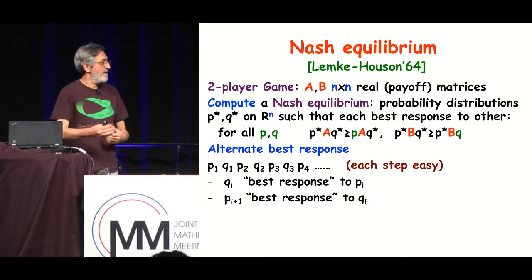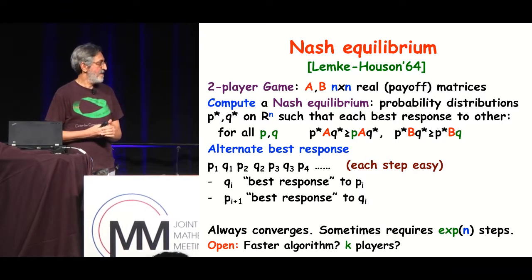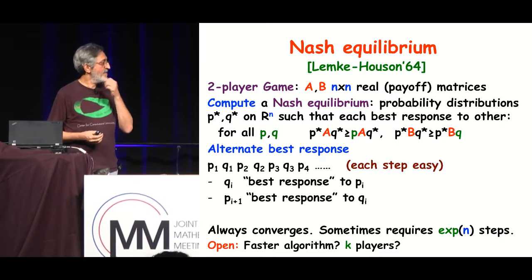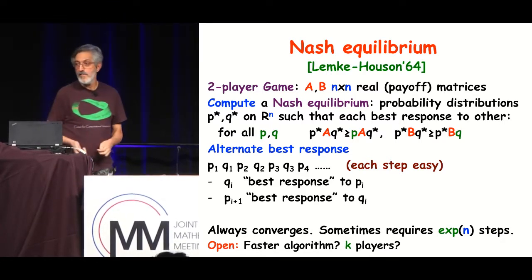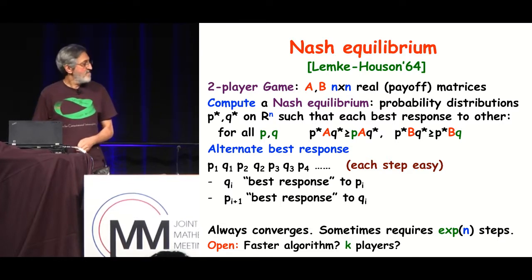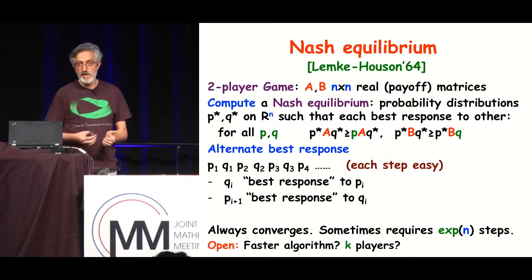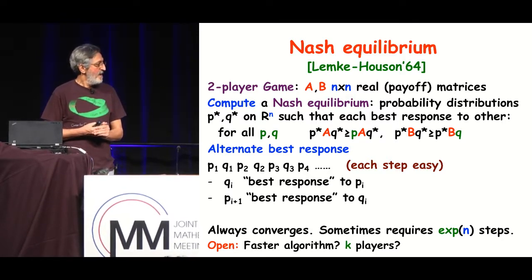It starts arbitrarily and repeats best response to the previous strategy. And it always converges, but can take exponential time. So a very big open question is whether this problem is in P, whether it has a polynomial time or any faster algorithm.